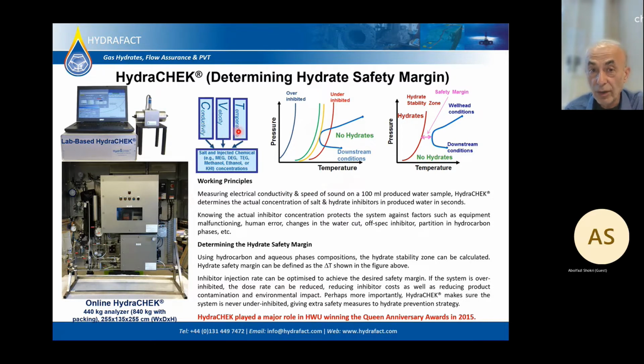Although we measure three parameters, two of them are independent, because velocity and conductivity are a function of temperature. So we have two knowns and we can find two unknowns. The unknowns are salt and chemical inhibitor.